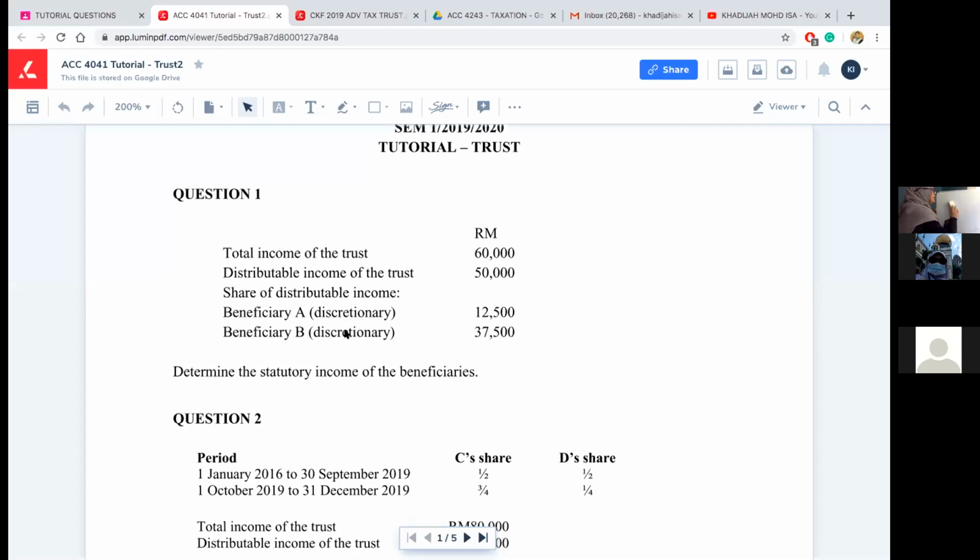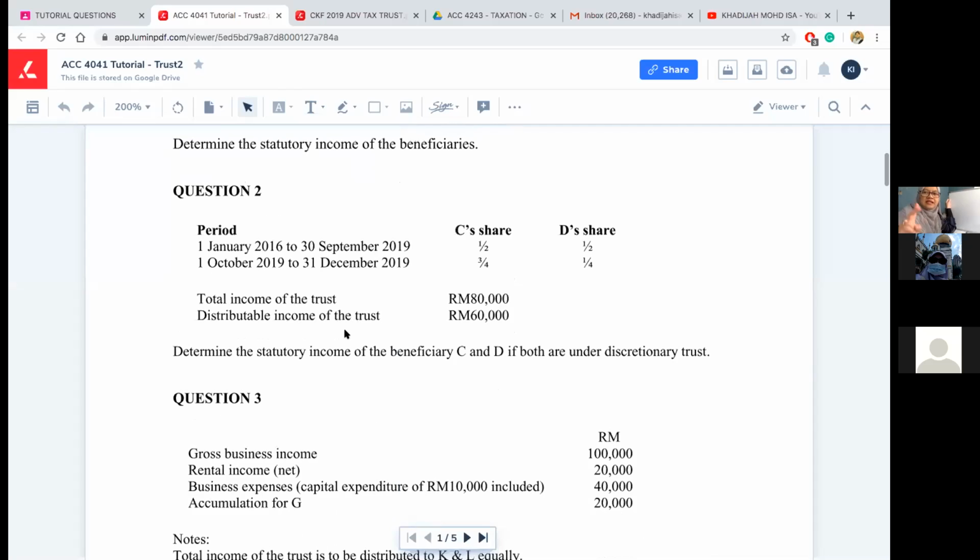The question number 2 is about the same as question number 1. The difference is that there are 2 periods. In the same year of assessment, for the first 9 months, the share is half-half. But for the next 3 months, the share is 3/4 and 1/4. So you have to divide the total income and the distributable income into 2 periods.